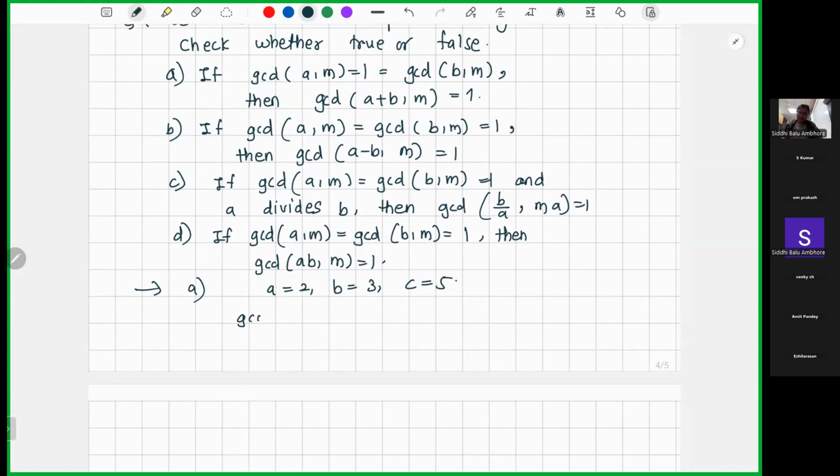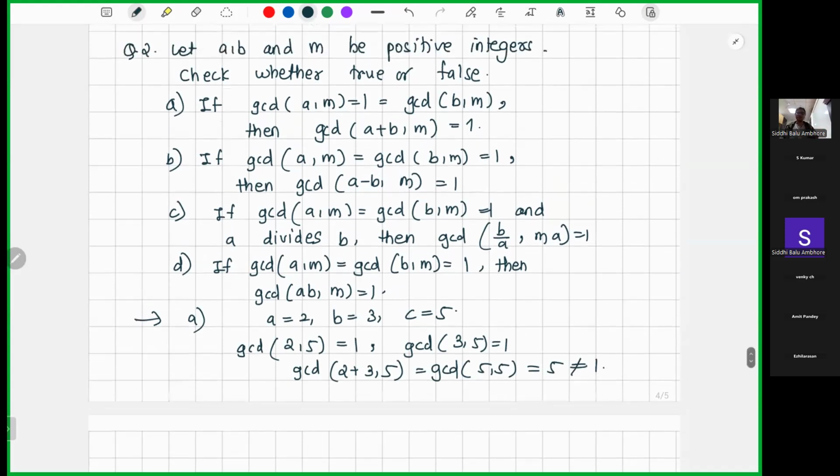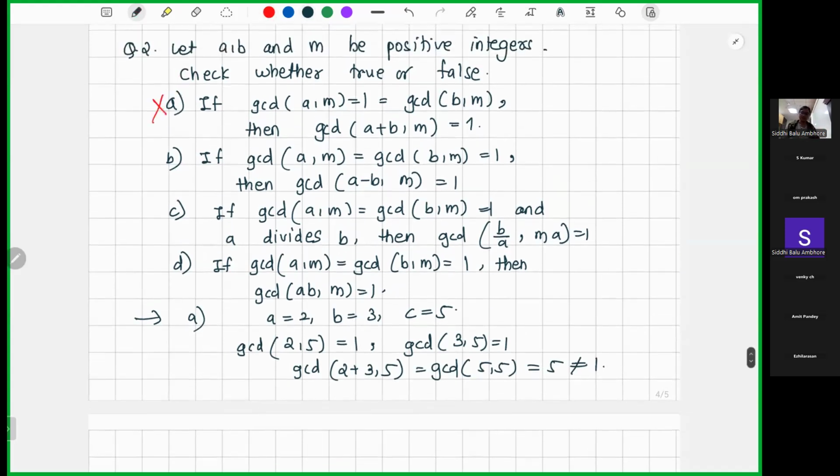Then GCD of 2 comma 5 is 1, GCD of 3 comma 5 is 1, but GCD of 2 plus 3 comma 5, that is GCD of 5 comma 5, is 5, which is definitely not equal to 1. So this is not correct.